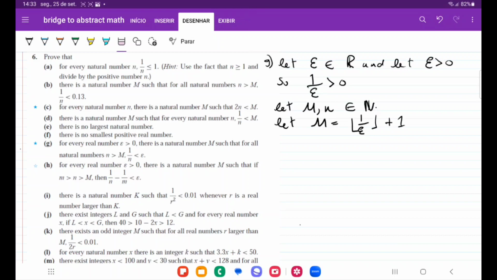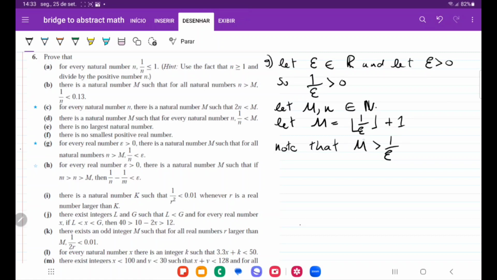Because m is at least 1. Okay, so once we have this, we note that m is greater than 1 over epsilon, right? And the reason that it's greater than 1 over epsilon is because we took the integer part.